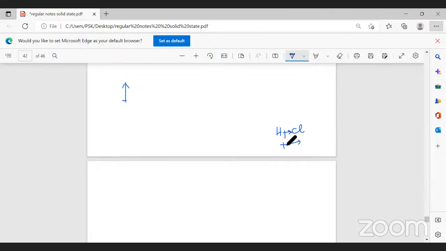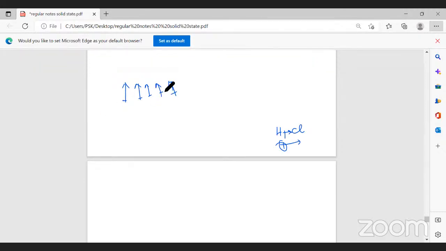What does this indicate? Electrons are moving towards chlorine. Electrons are moving away from hydrogen. Since electrons are moving away from hydrogen, it gains a positive charge. Now, all the dipoles are aligned like this. Assume it's an orderly arrangement in piezoelectric material. Even in the absence of the electric field, the arrangement is like this in piezoelectric material.